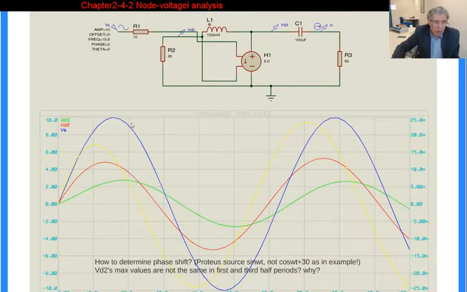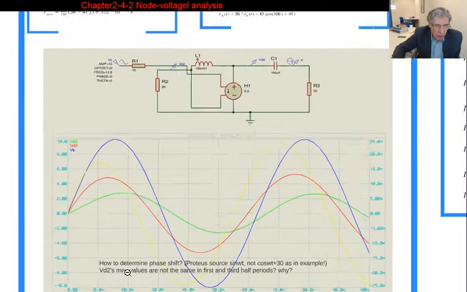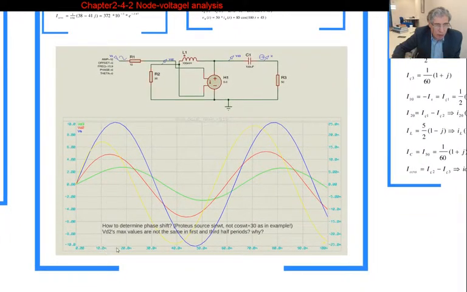We could do it here. For example, for this yellow one and this blue one, you can measure the time difference. That time measurement is the corresponding time difference between those two peak values. So you're going to measure it here, the time difference between yellow and blue sinusoidal signals.